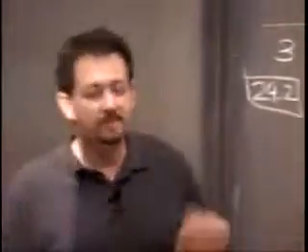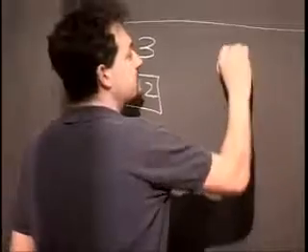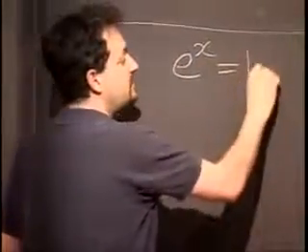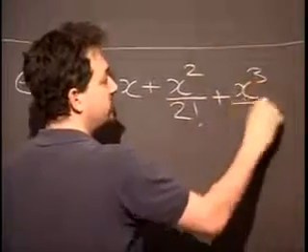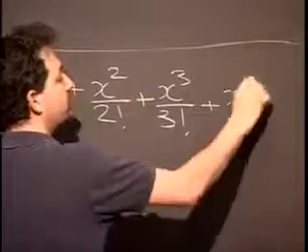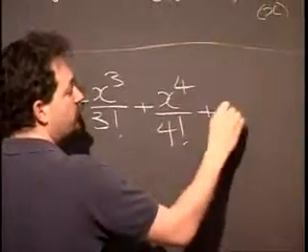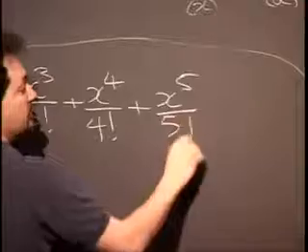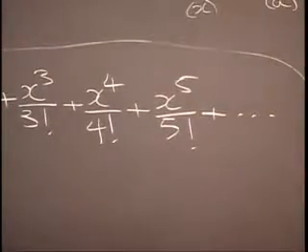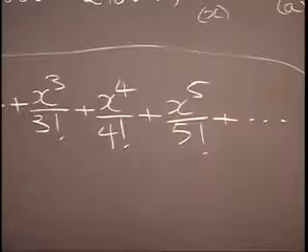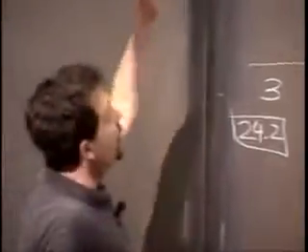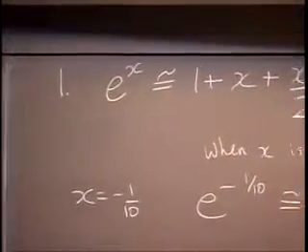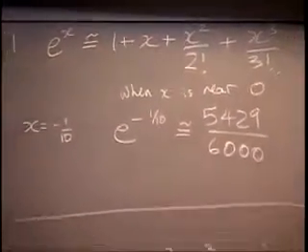So the logical extension is that you'd like to be able to write this. e to the x is 1 plus x plus x squared over 2 factorial plus x cubed over 3 factorial plus x to the 4th over 4 factorial, and so on. Infinite series. So that's a different sort of flavor. But unlike in 1 above there at the top of the board, which is only an approximation, in 2, it's perfect. It equals, but we don't know what c is.